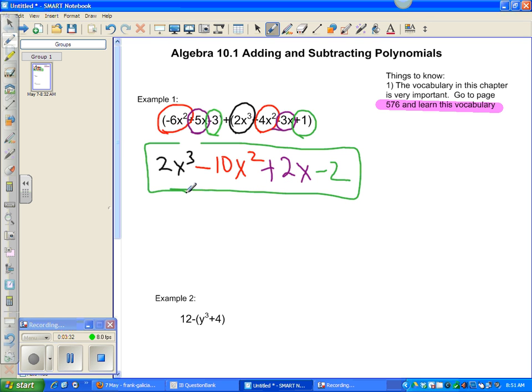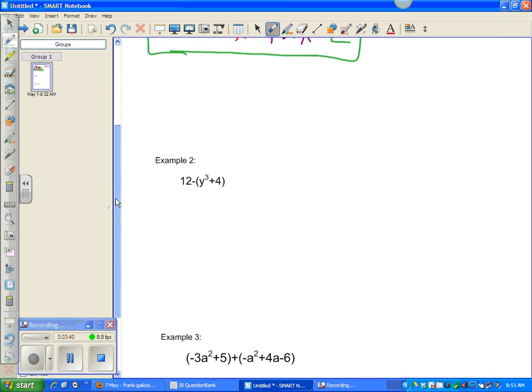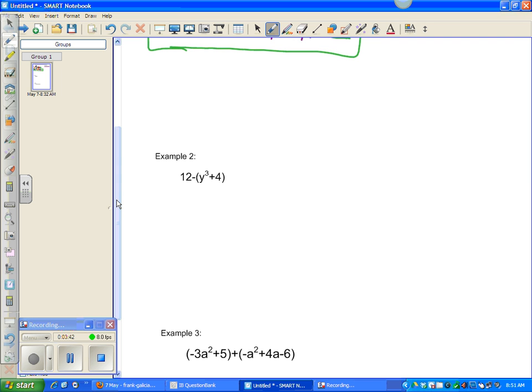So remember, I did the circles in different colors so that you can visualize that I combined like terms in these polynomials. This second one is a little bit different. It's interesting because I'm subtracting from 12 this polynomial here on the side. And how do I do that? A little secret I tell my students is that there is a little imaginary 1 in front here.